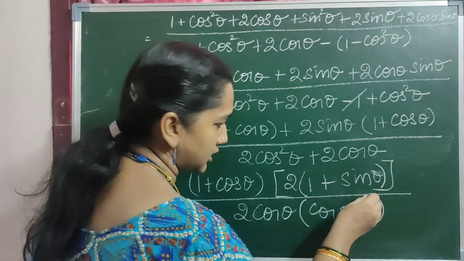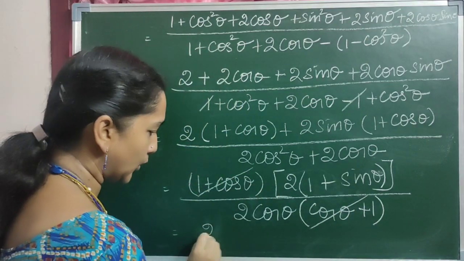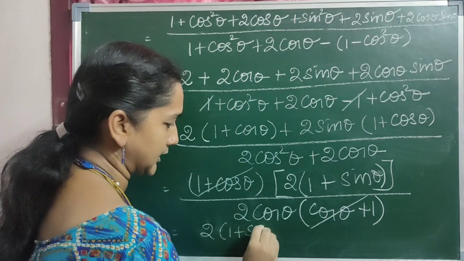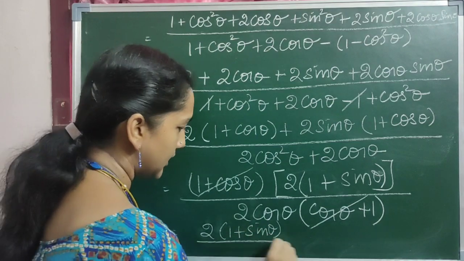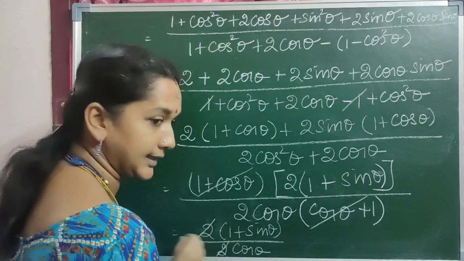So here 1 plus cos theta, here cos theta plus 1. Only terms are changed, so you can cancel this. So balance what we have? 2 into (1 plus sin theta) by 2 cos theta. Again this 2 will get cancelled.